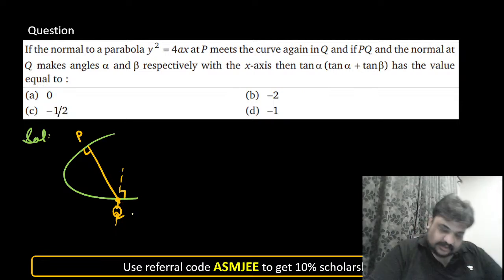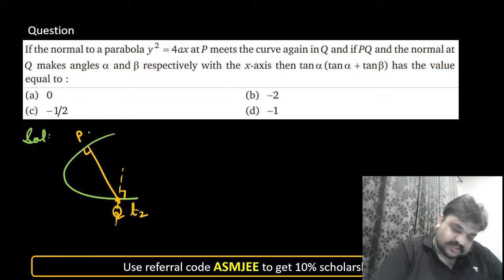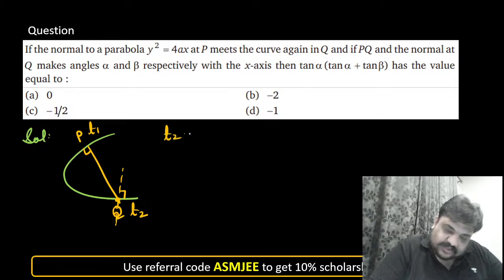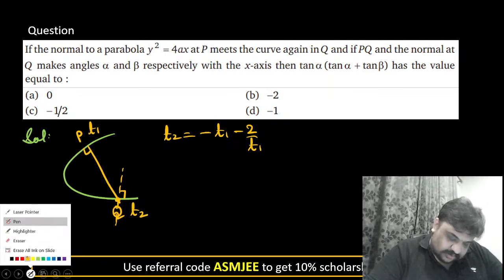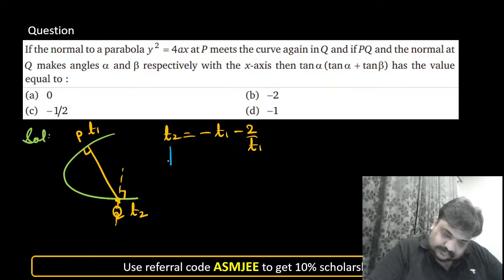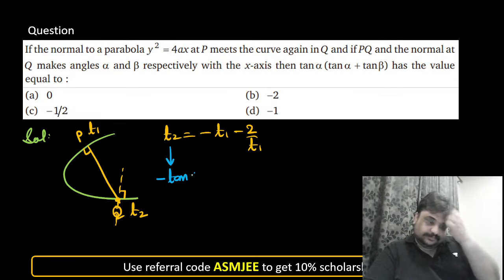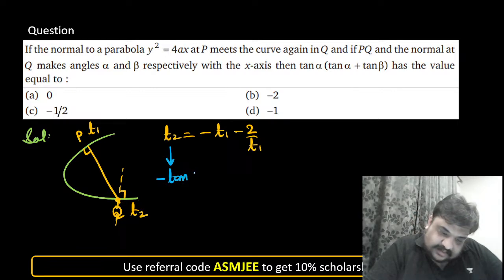Oh, okay, great. So this is t2, this is t1. t2 is minus t1 minus 2 by t1. Also note that t2 is cot of angle made by this. So it will be minus tan alpha. Sorry, minus tan beta.